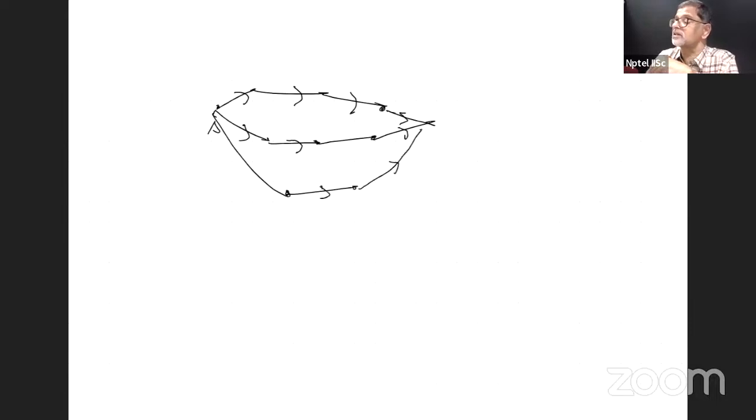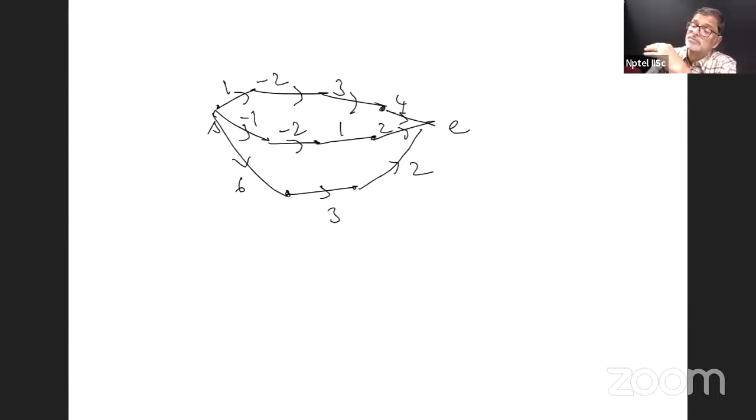Suppose the weights are like this: 1, -2, 3, 4, -1, -2, 1, 2, 6, 3, 2. Now, if you are considering walks or paths, it doesn't matter.